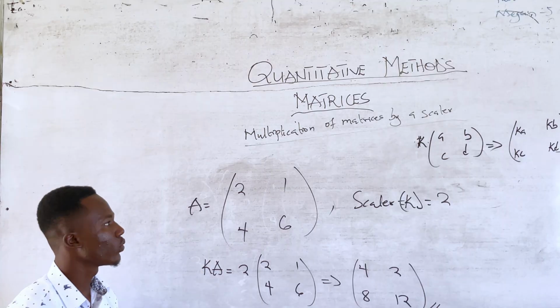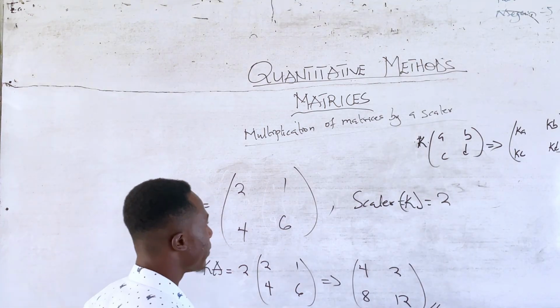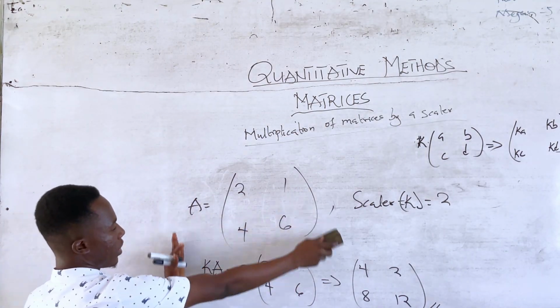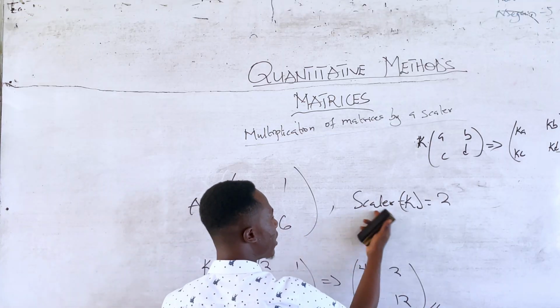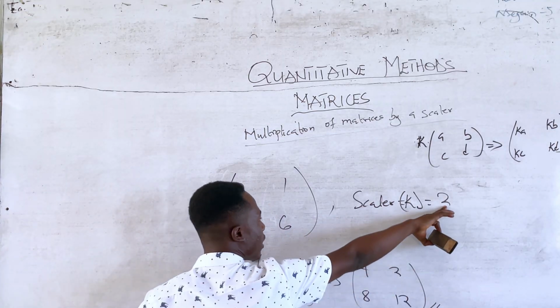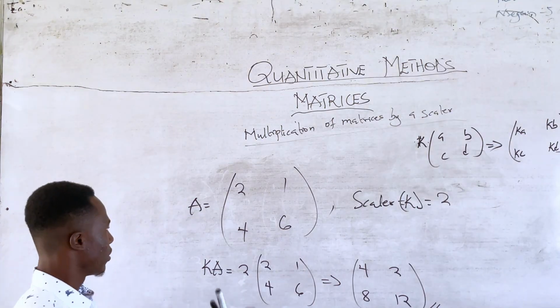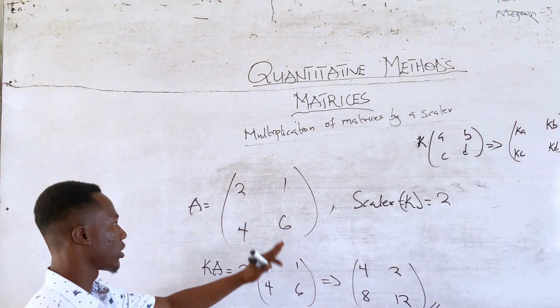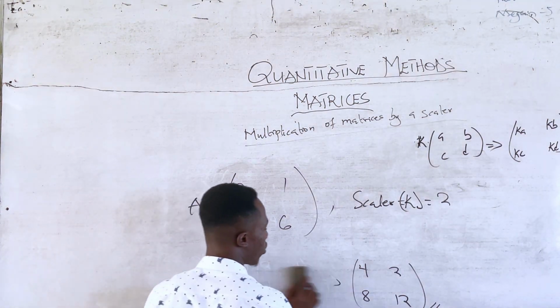It's very simple. So that is multiplication of matrices by a scalar. You will always be given the scalar, either 2 or 3 or 4, whatever. All you need to do is multiply it by the matrix and you are good to go.